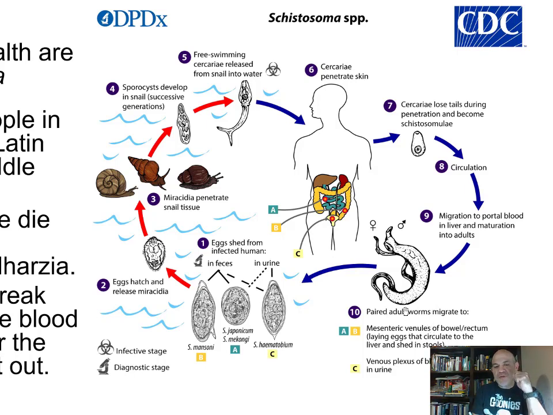When the eggs are produced by the adult, and in here the human or other closely related mammal is the definitive host, a lot of eggs are produced, and when they're released, they have to break through the blood vessels and then get into the digestive tract so they can be eliminated with the feces of the definitive host. And they're released as these eggs, right?